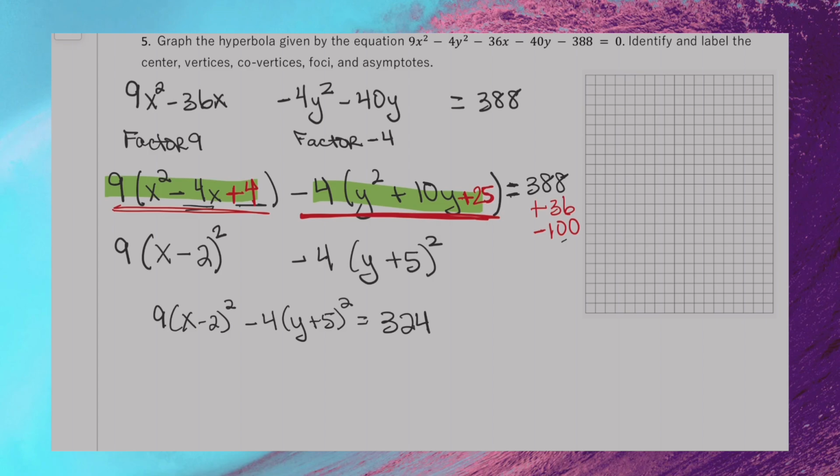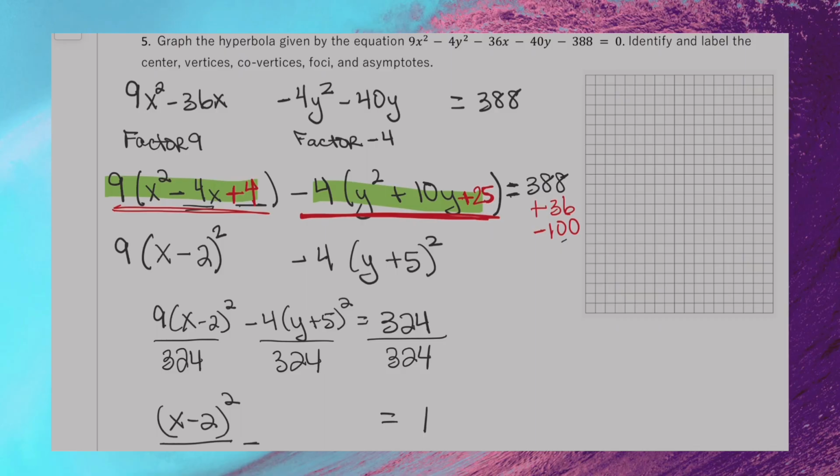So I'm going to divide everything by 324 to get my 1. So I will have (x minus 2) squared over 36, minus (y plus 5) squared over 81. When I simplify these, we'll get 81 there, and here we'll get 36 there.